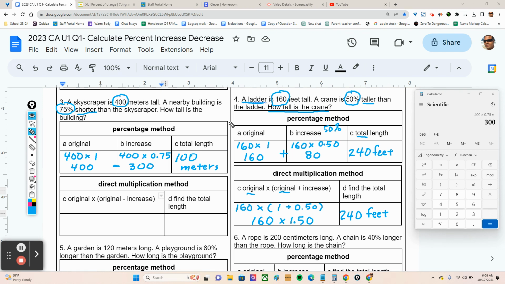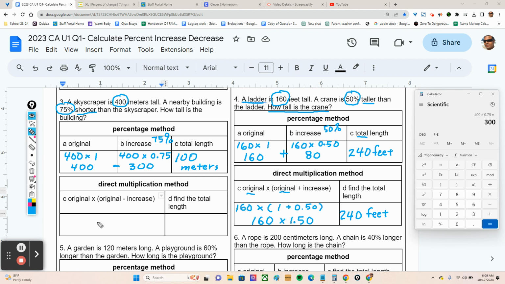The change was 75%, and that was a decrease. I don't know if I can fit increase slash decrease, so I'm going to have to do plus or minus percent.